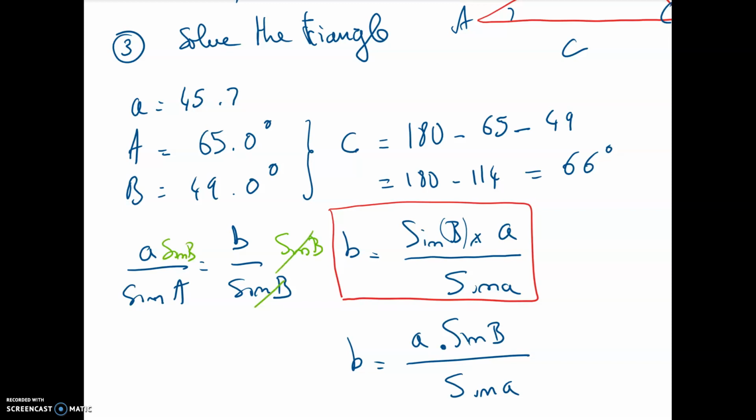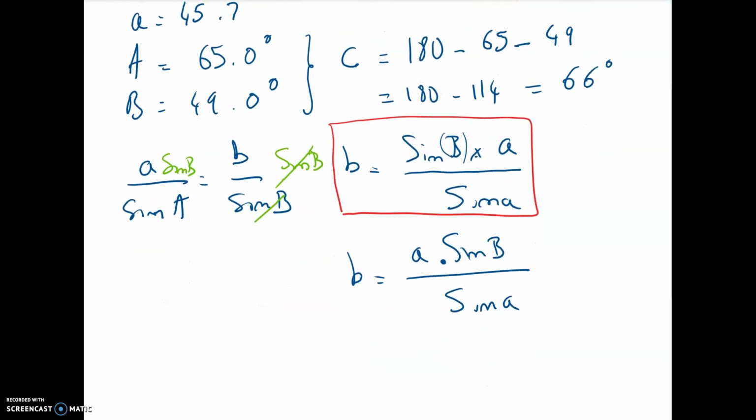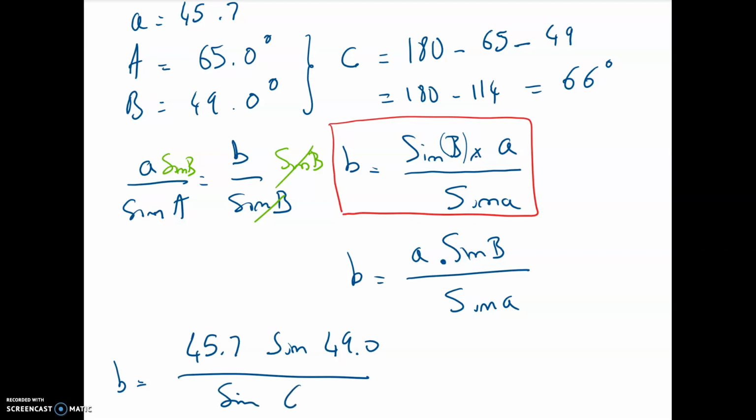So now I can just write that b is equal to 45.7 times the sine of the angle B, which is 49 degrees, divided by the sine of the angle A, which is 65 degrees.